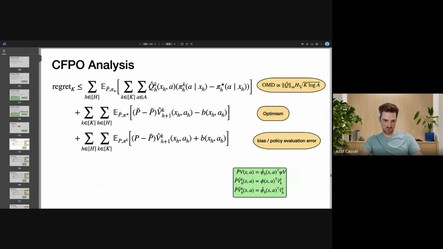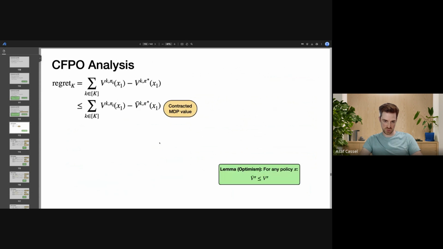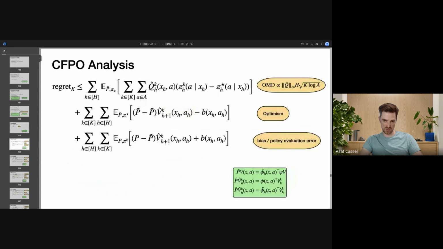Now if you do the standard value difference lemma, but notice that you're starting with respect to the contracted MDP and not the true MDP, you would get a slightly different decomposition. This is the original decomposition: you have the OMD term, the optimism and the bias.